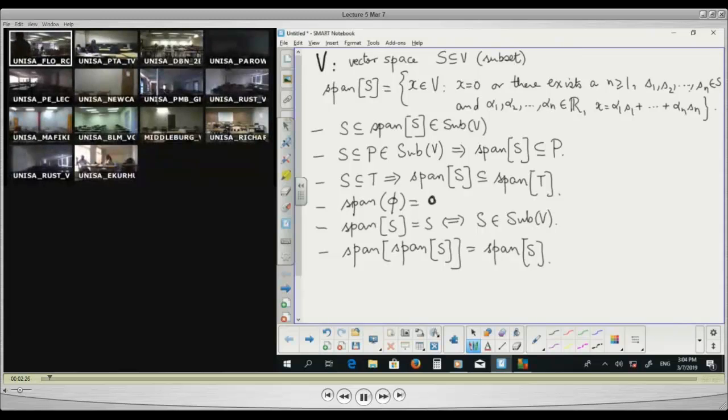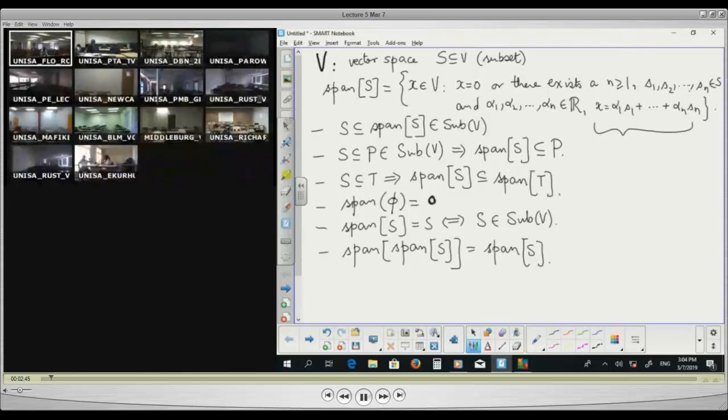So we looked into these, which are, so we will say members of span of S. This is how we will speak of it.